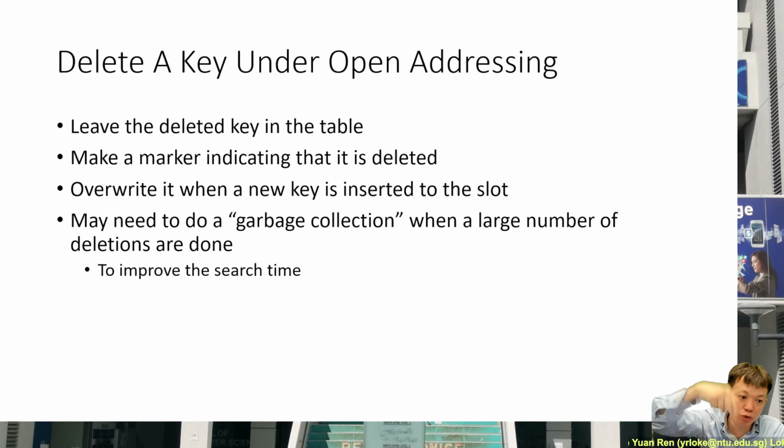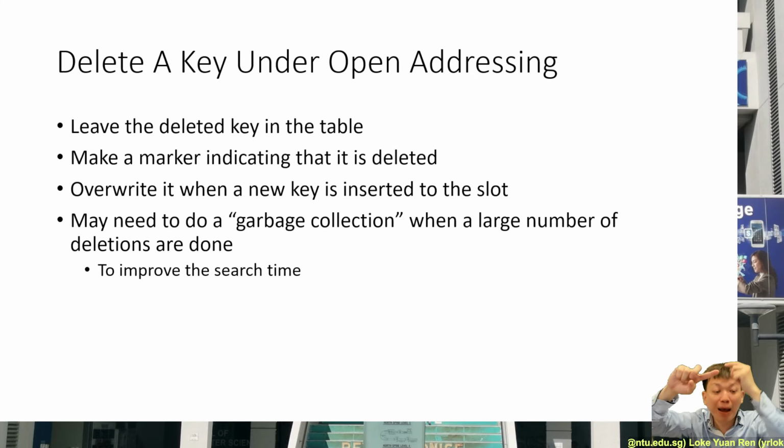That means you need to go and probe the following alternate slots first. If you check and don't find any duplicate, and you reach another empty slot, or you have already searched through the whole table, let's say your table is almost full, then you qualify to insert the new key.